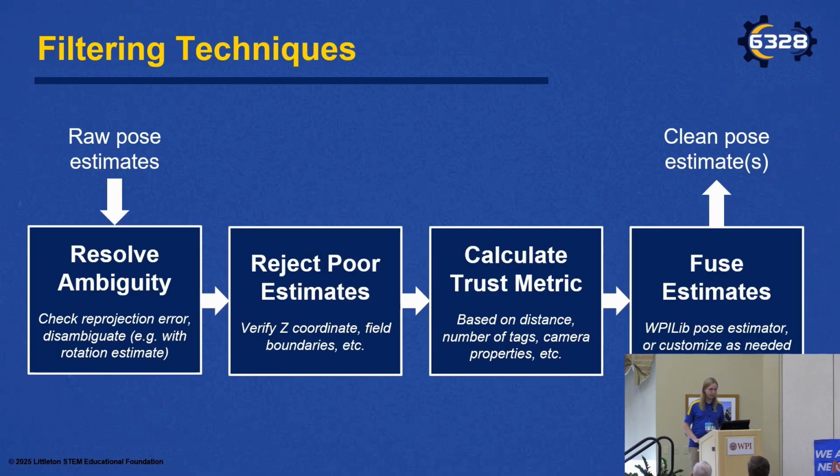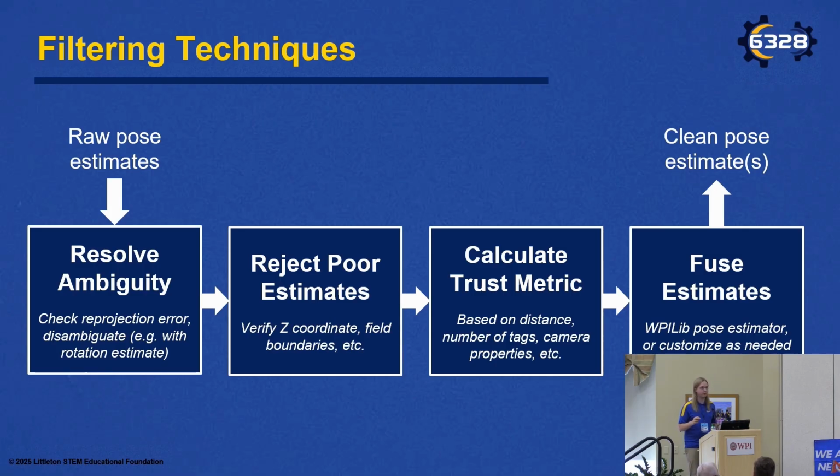Now, the next step, some estimates are just really poor and they need to be thrown out. That includes, for example, checking that the z coordinate of our estimates is somewhat realistic. We check that we're within the field boundaries because bad data can really mess up all of your other estimates. We then, for each individual estimate we capture, want to calculate some kind of trust metric for how good that measurement is.